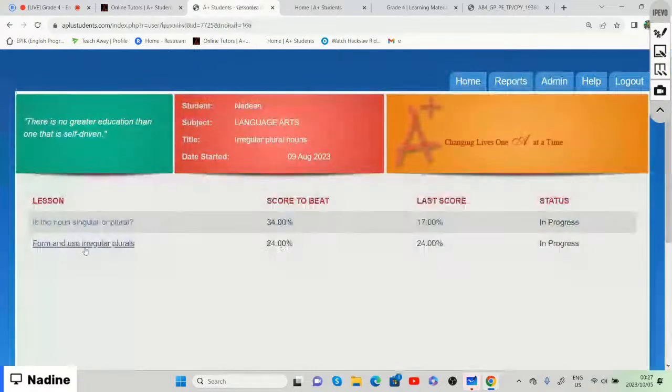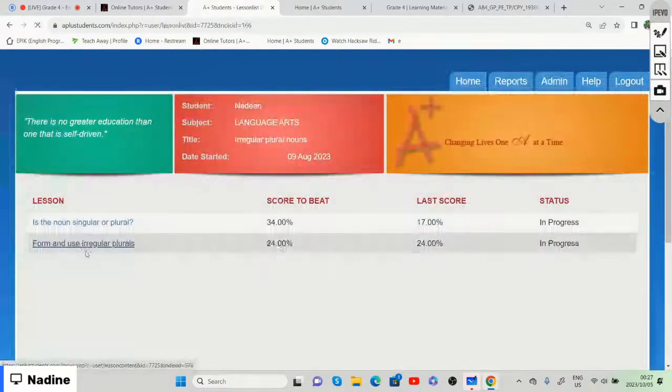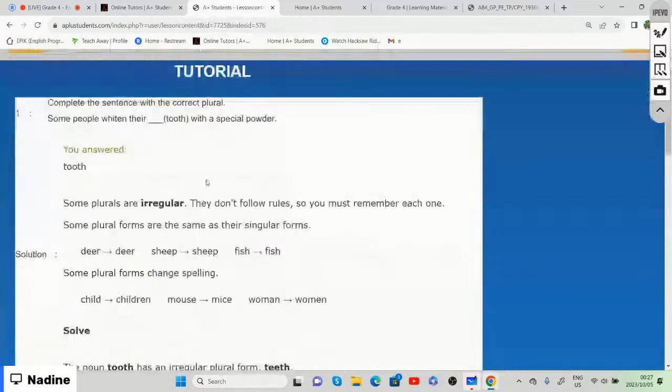So now we're going to the next lesson, which is to form and use irregular plurals, right? So remember we said with irregular plurals there is basically no rule that you need to follow. You are just going to have to remember each one, because the word changes constantly.